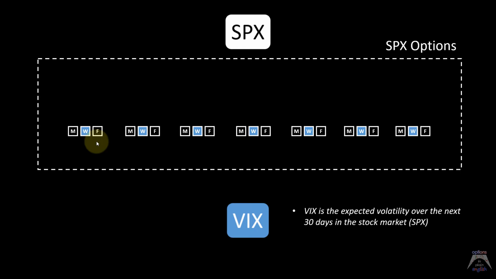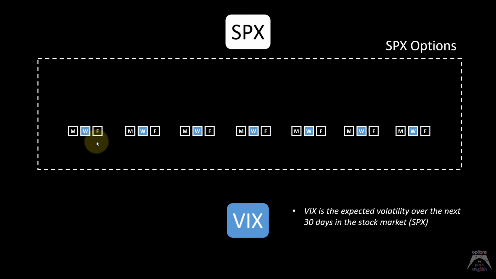Okay. So now VIX products, in this case, VIX Futures and VIX Options, don't expire on Fridays. They expire on Wednesdays. Why is that? Well, VIX is an index that's measuring the expected volatility over the next 30 days.